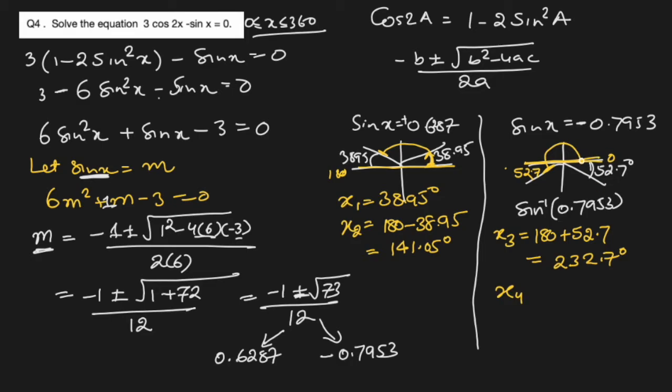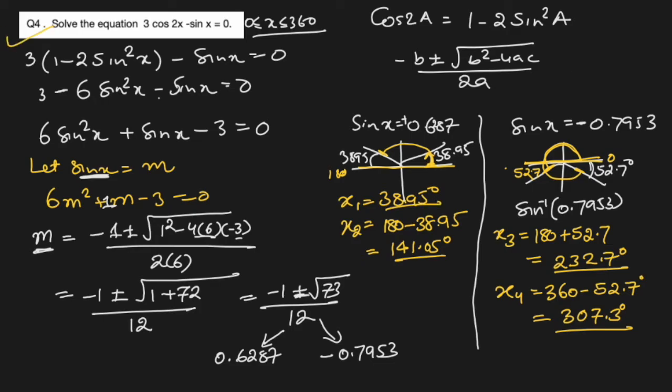Fourth answer, start from 0 again, go till here. So this one is 360 minus 52.7, so it will be 307.3. These 4 are the answers for this equation.